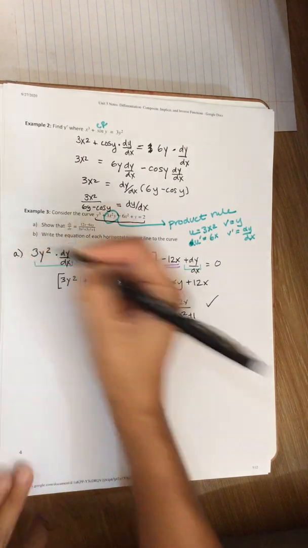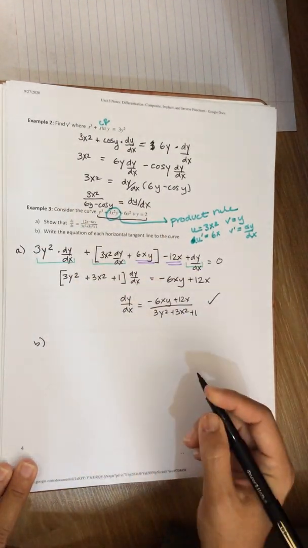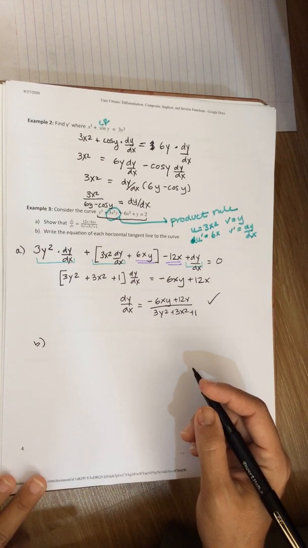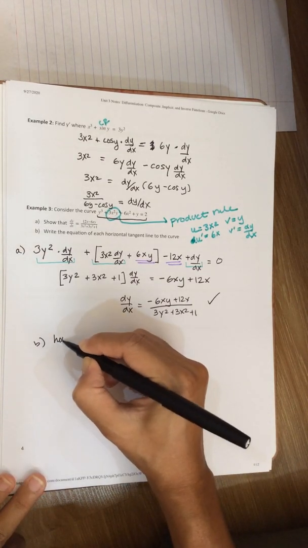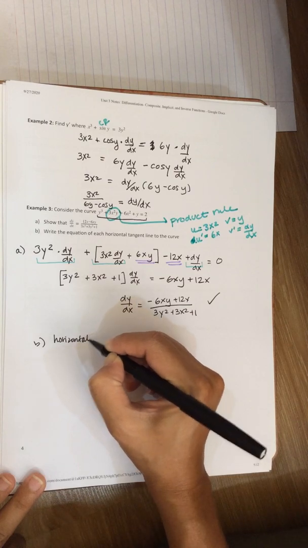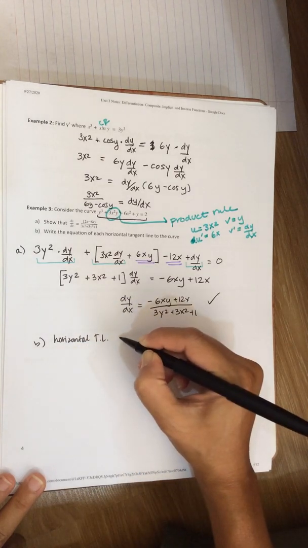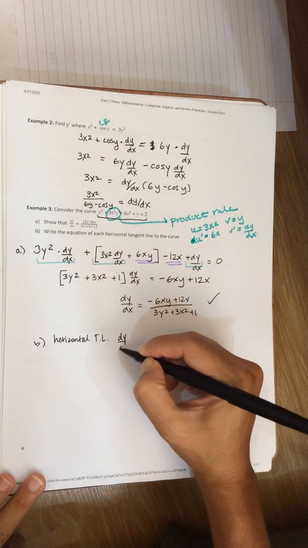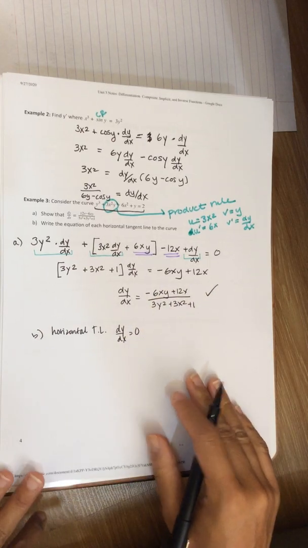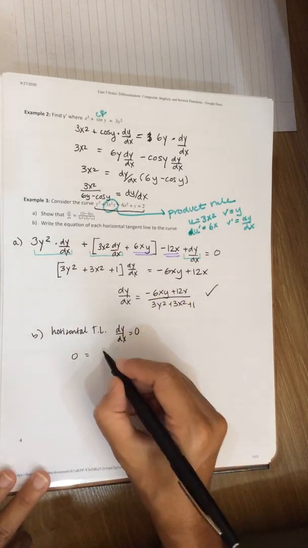So this was A. Part B says, write the equation of each horizontal tangent line to the curve. A horizontal tangent line means that the derivative has to equal 0. So let's set this thing equal to 0.